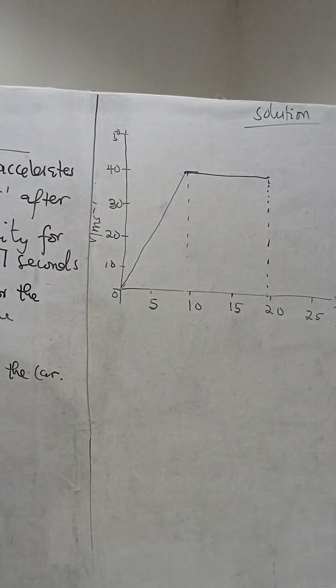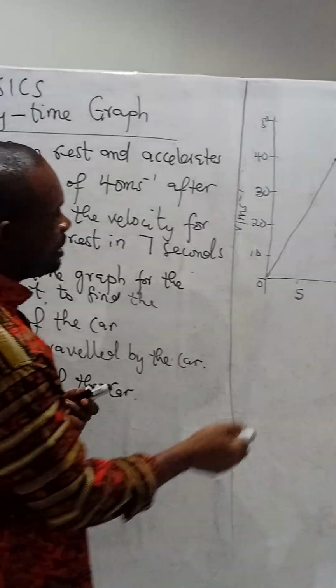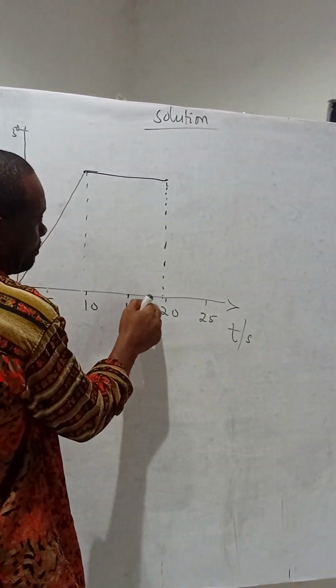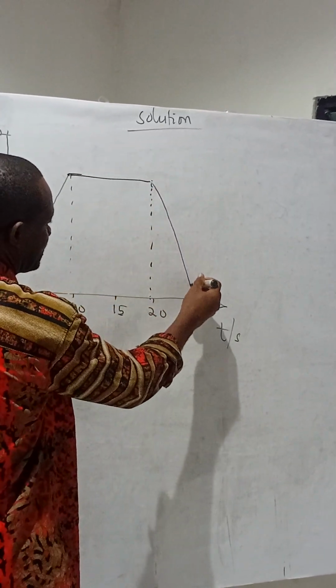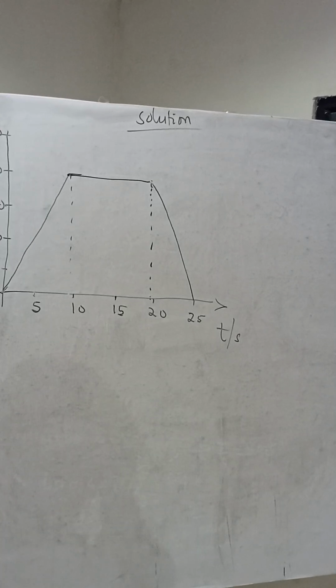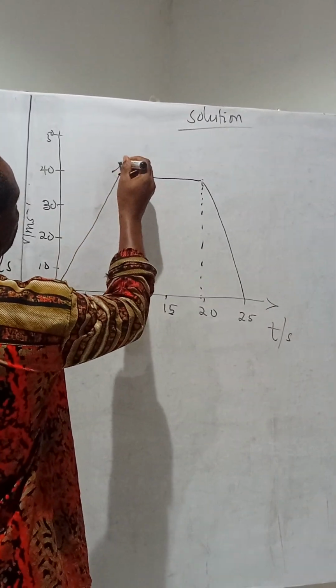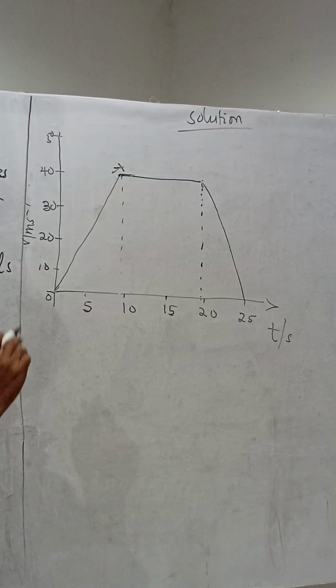Then what happened again? It maintains this velocity for 10 seconds and then comes to rest in 7 seconds. So from 18, in 7 seconds, 7 seconds from 18 to 25, it came to rest in this time. So that is our velocity time graph. Let us name the vertices because we have formed a very nice trapezium.